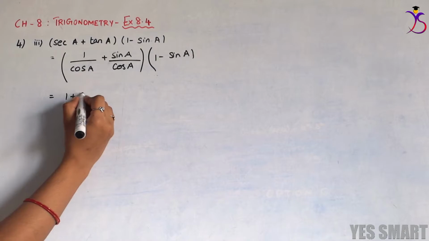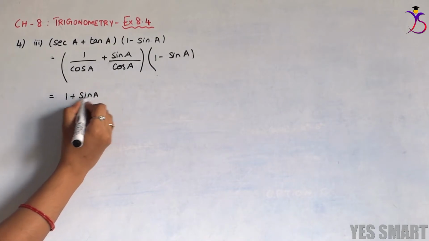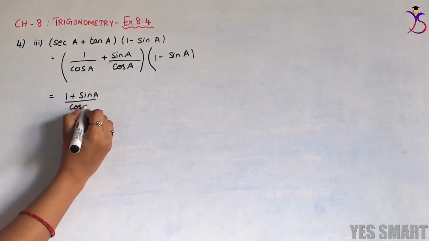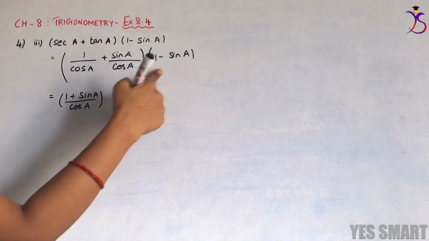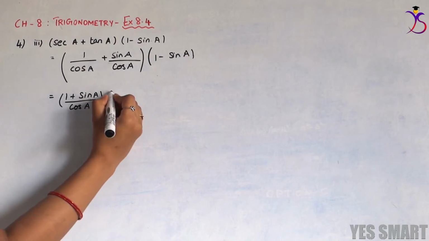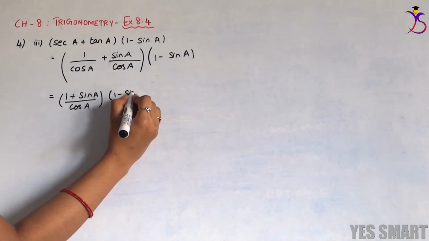Now on taking LCM, same denominator, therefore 1 plus sin A by cos A into 1 minus sin A, I am just bringing it down so that I can solve it later.